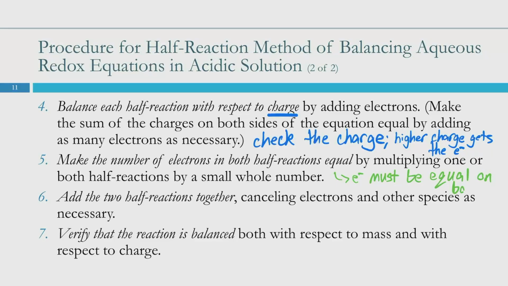So they have to be equal on both sides to cancel. So if we've got 6 electrons on the reactant side, 6 electrons on the product side, one of those will be our reduction, one will be our oxidation. Then when we combine those together, since we had 6 and 6, we can cancel those out. We'll see examples of doing that. If your electrons don't cancel out, you've done something wrong.